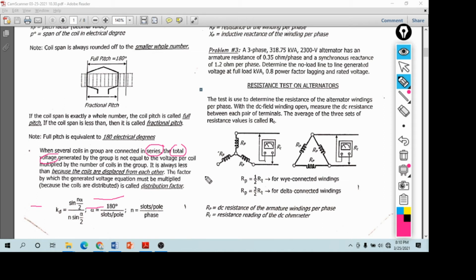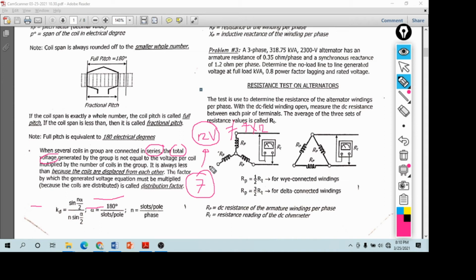For example, if you have 7 series coils, and one coil generates 12 volts, that is not your assurance that the total voltage will be 7 times 12. It is not equal to 7 times 12.